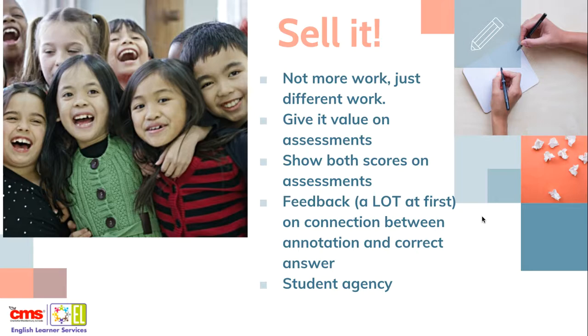So for the last piece, I do have to say that there was a lot of selling, especially at first, involved on our part as the teachers, because kids tend to come into white paper annotation and see it as just more work that they have to do.